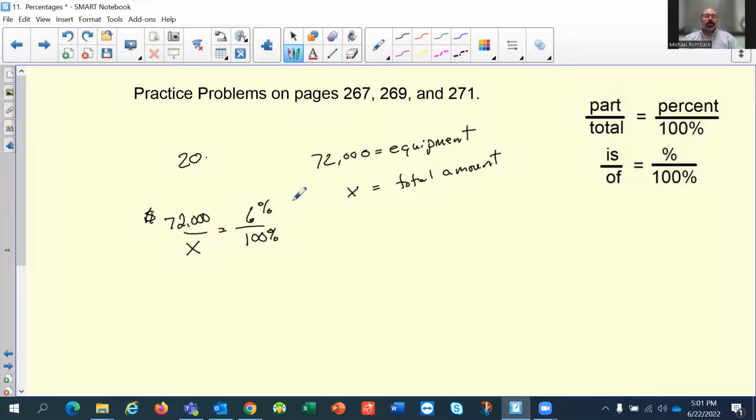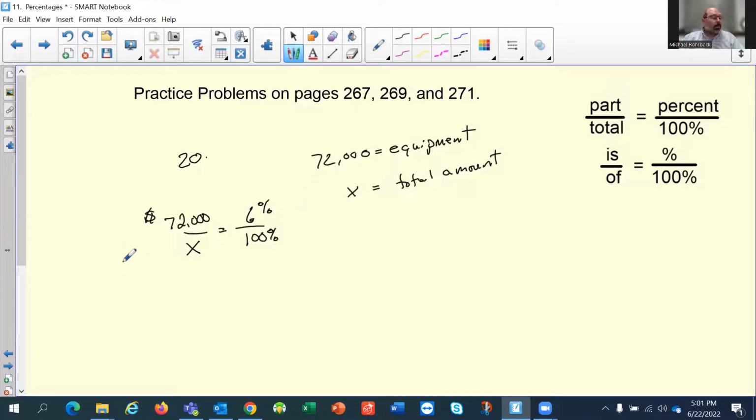So go ahead, cross multiply and divide. Feel free to hit pause, check your answer against my answer. All right, I'm going to do it now though. 72,000 times 100 equals a really big number, divided by 6.